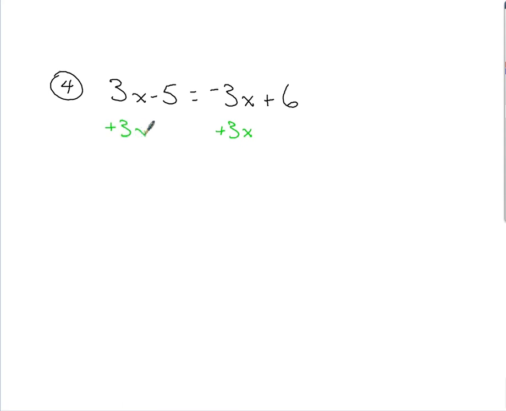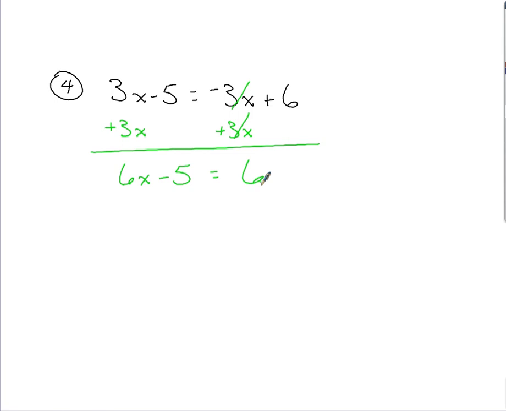I mentioned using columns. Maybe once upon a time that's what the column approach looked like, in case you were wondering. I'm keeping all the like terms lined up. So here I'd have 6x, and I'd bring down that minus 5 because I haven't played with it yet. That would equal, this guy would be gone, and I bring down that positive 6 because I haven't played with that yet.